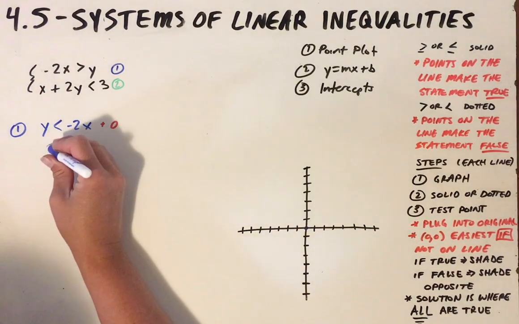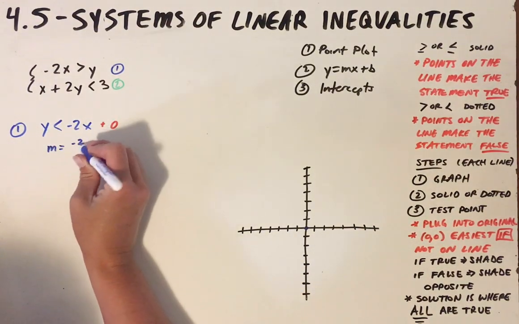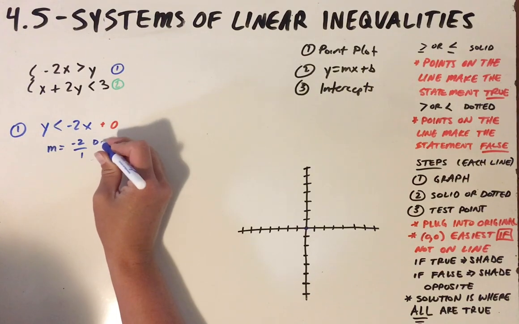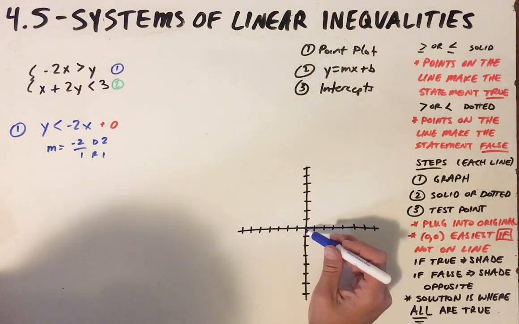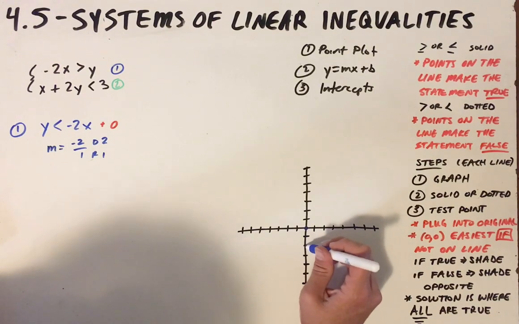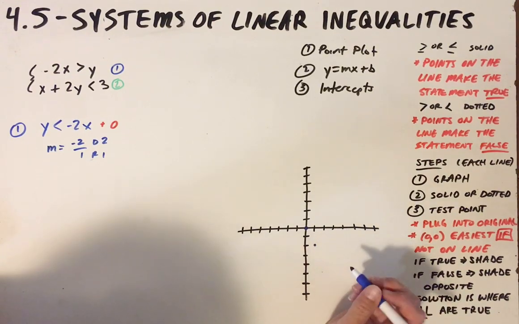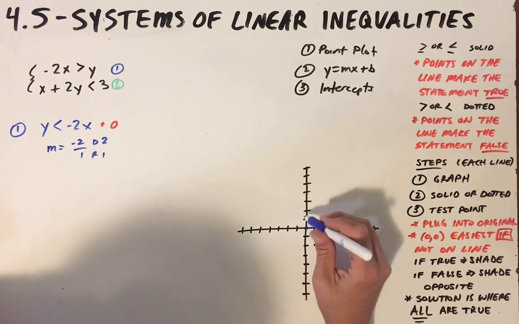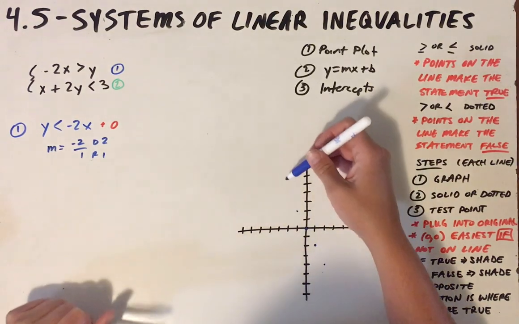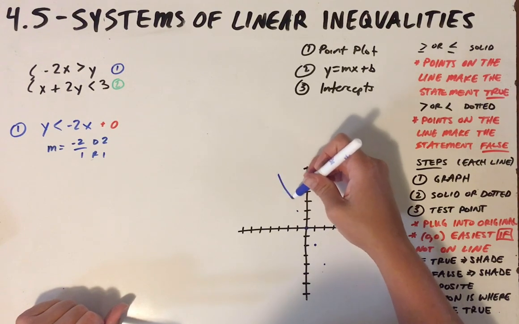From there, my slope is negative 2 over 1. This means I'm going to go down 2 and right 1 from the you are here point, which happens to be 0, 0. You'll note that this line will be slanting downward from left to right. Try to draw a really pretty graph here.